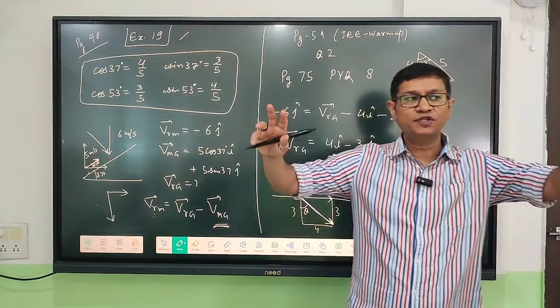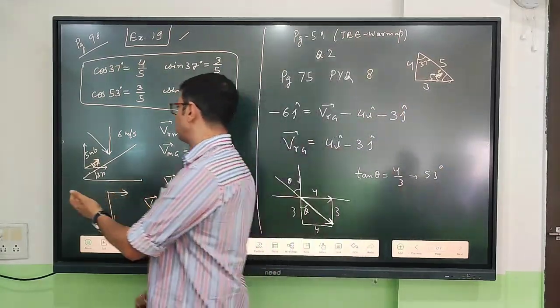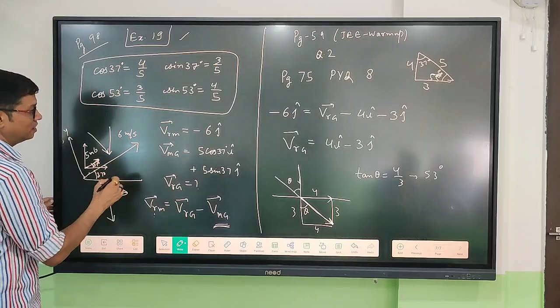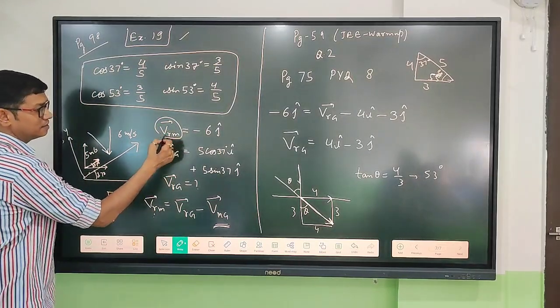Okay, two of you said this, so let me clarify. You can take this also as x and this also as y, but in that case you'll have to componentize this.